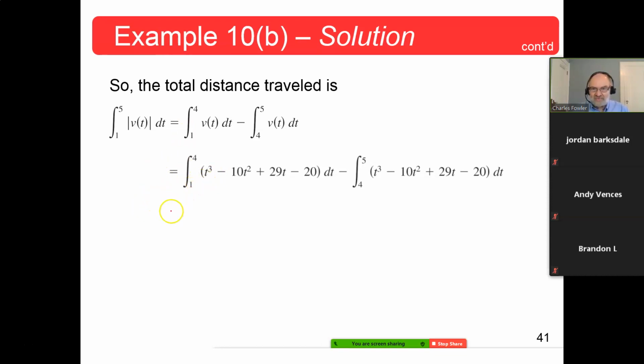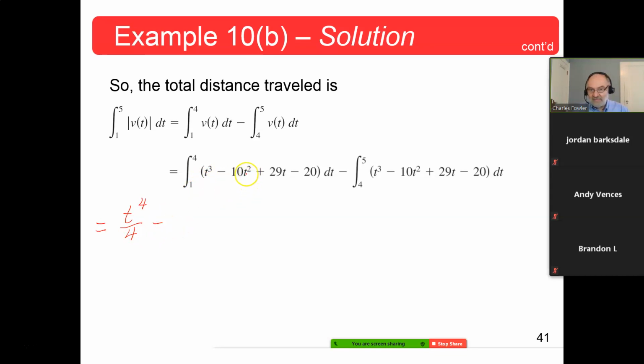Okay, let's do this integral. We did it last time. I'm going to give us a little more room here and start over here. What's the antiderivative of t cubed? Anybody? T to the 4th over 4. Simple power rule.